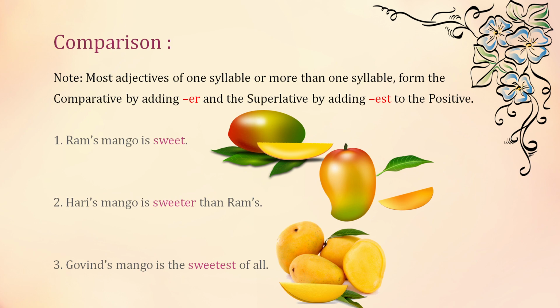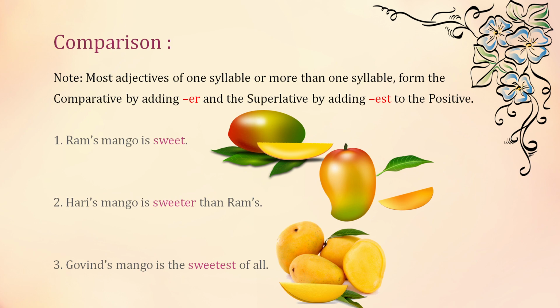In sentence 2, the adjective sweeter tells us that Hari's mango, compared with Ram's, has more of the quality of sweetness. Here we are comparing the mangoes of Hari and Ram, that is, a comparison between two nouns.